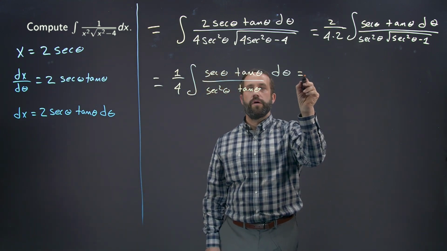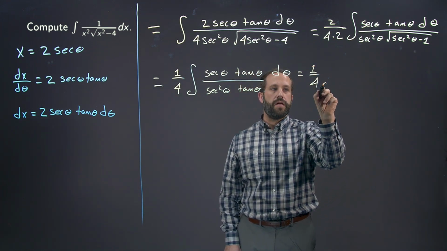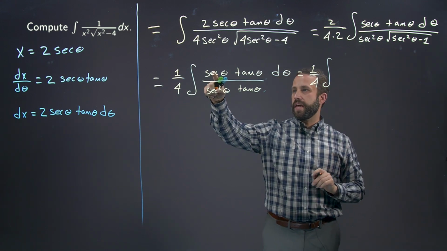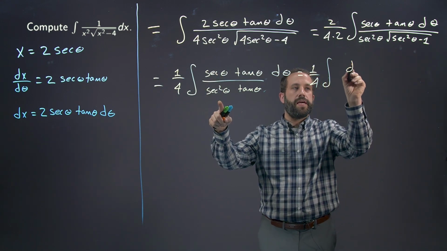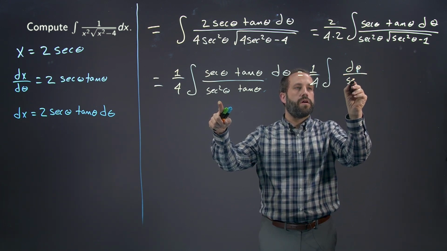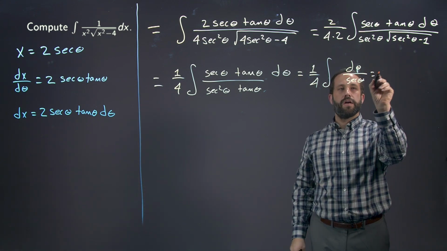Okay, so now we might be getting a little bit excited because it looks like stuff is going to cancel out nicely. So the tan thetas cancel. I've got secant theta over secant squared, so this is going to be just d theta over secant theta, but secant theta is 1 over cosine.